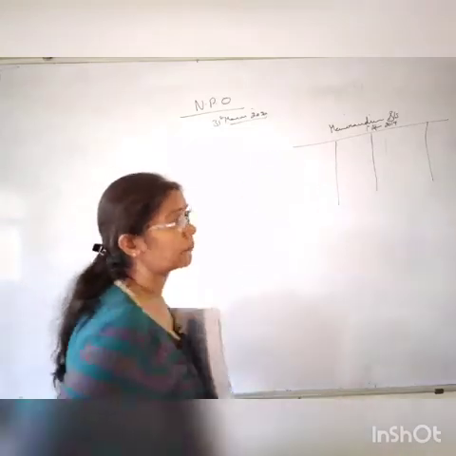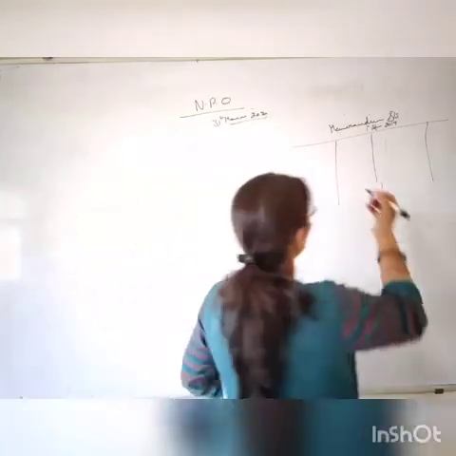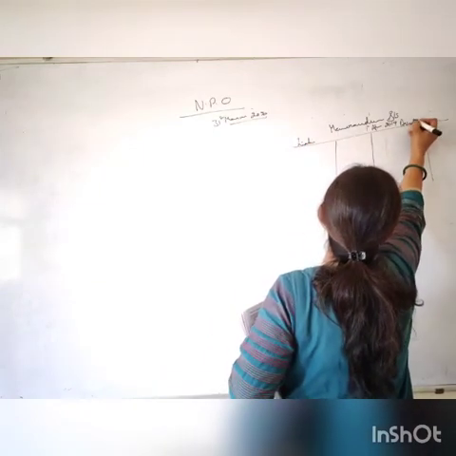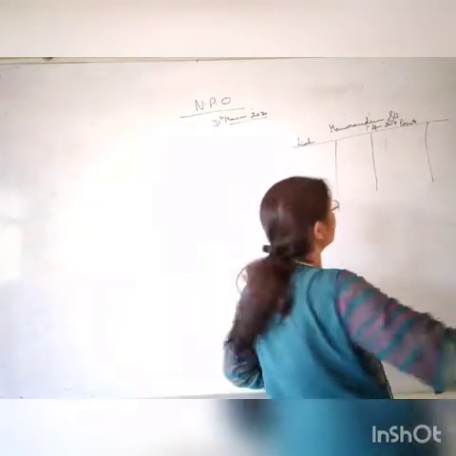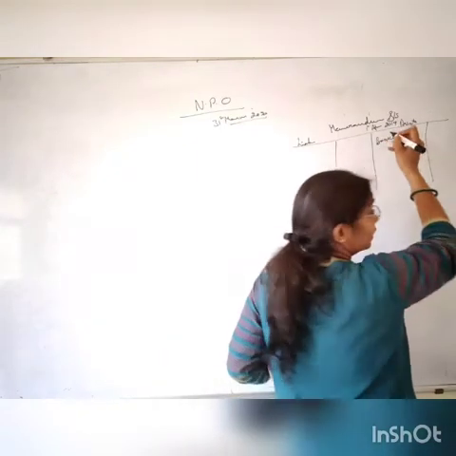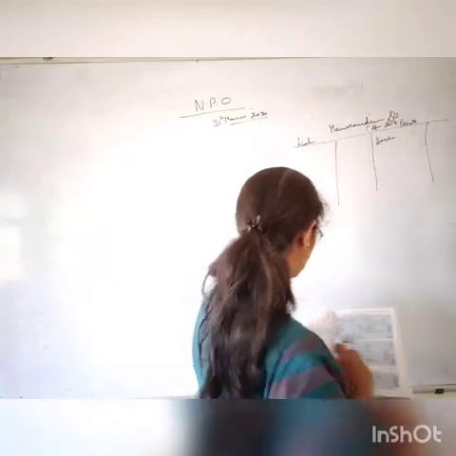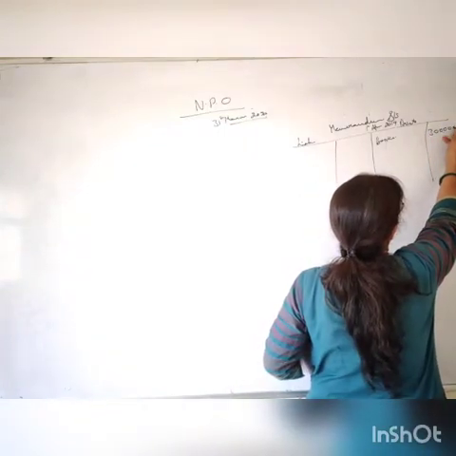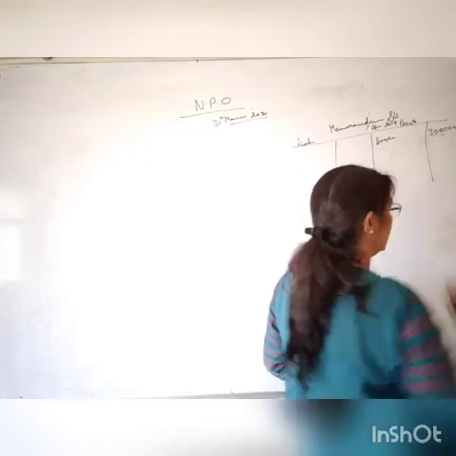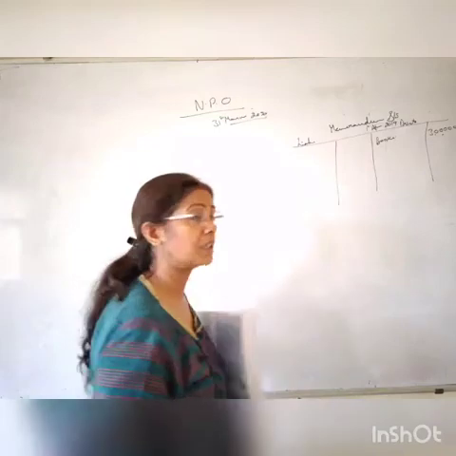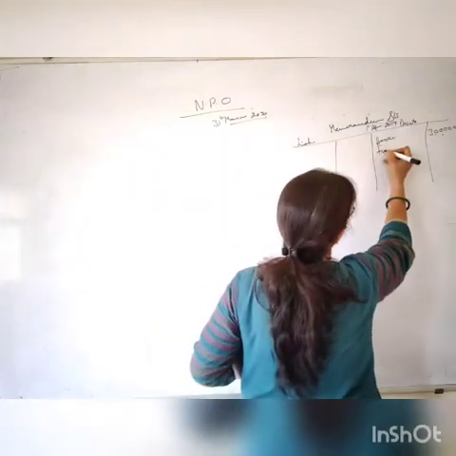So I am preparing it. Books are your assets, so books come on the asset side. Books are of 3 lakh rupees, fine. Next is furniture, furniture is of 58,000.